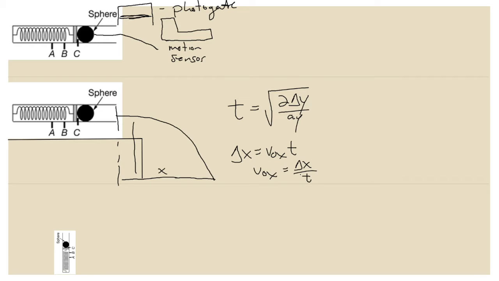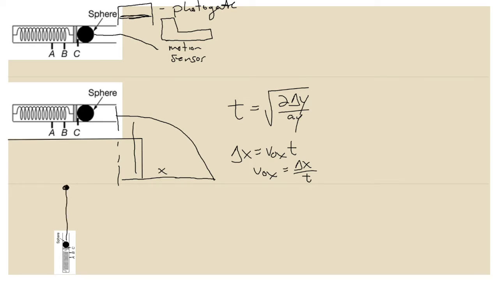A third method, which is actually, in my opinion, the preferred method, just because it's easier to talk about analyzing and measuring, but we'll get to that in a minute. The third method is shooting the sphere straight up in the air, taking the launcher and orienting it vertically such that the sphere is just going to go straight up into the air.